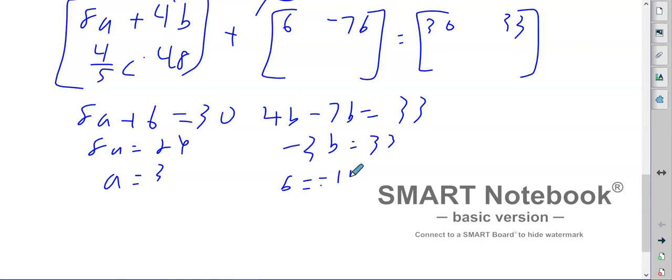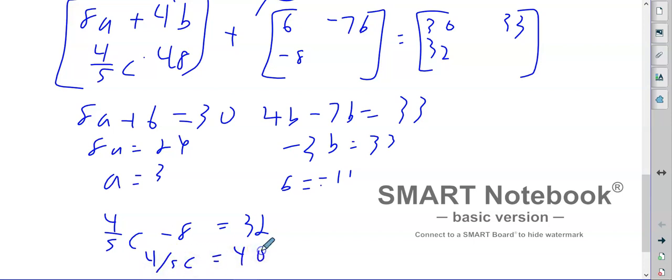I'll do C now. 4/5 C minus 8 equals 32. Add 8. I get 4/5 C equals 40. If I multiply 4 times 40 and divide by 5, or easier, divide 5 into 40 first and get 8 times 4 is 32. So C is 32.